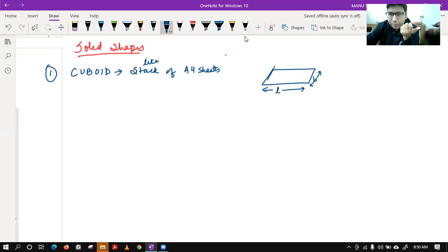As soon as we keep two sheets like this, it is also having the same length and the same breadth. Now tell me what will be the combined area.